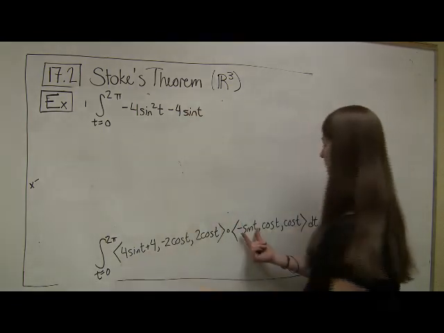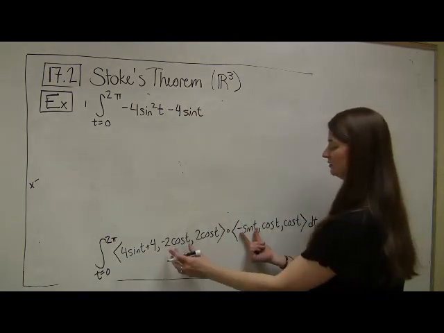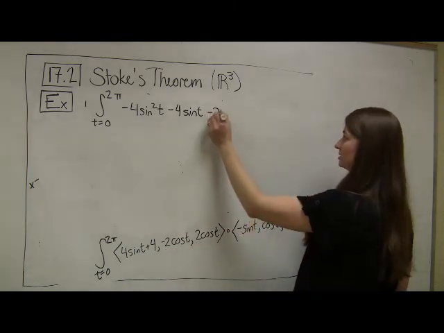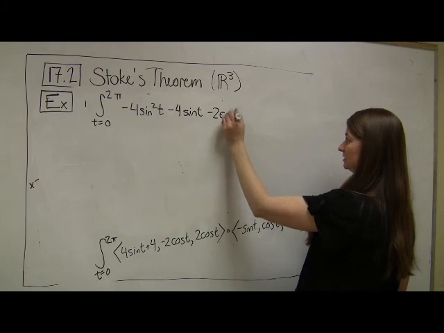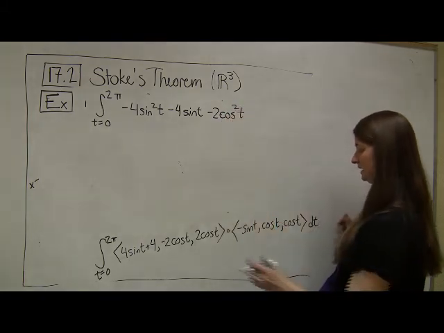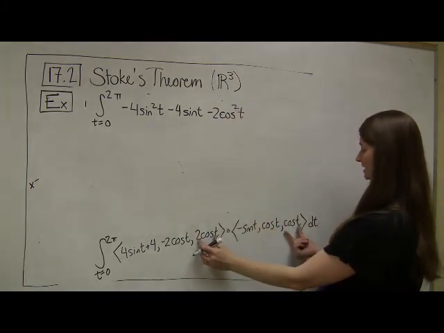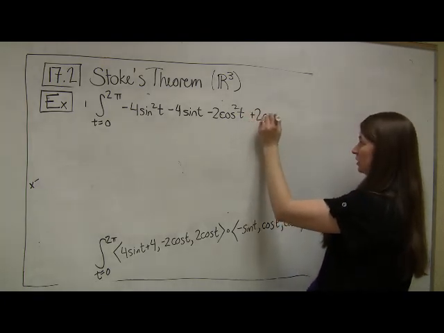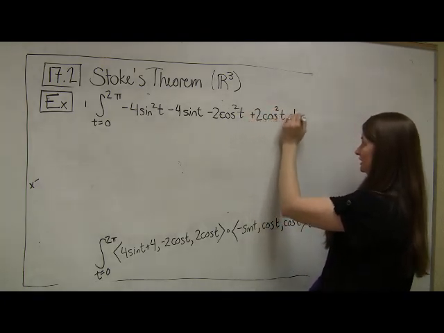That's the first terms added together, the first component functions. My second component functions, I get -2 cosine squared t, and then I get plus 2 cosine squared t dt.